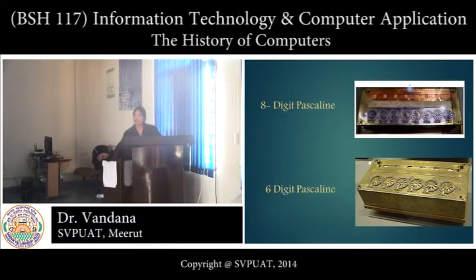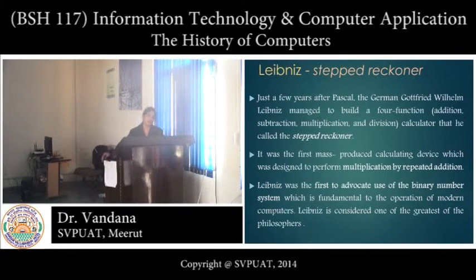When Pascal developed his calculating machine, or you may call it the calculator, it was Leibniz who developed a calculator which is popularly known, which was mass produced, for multiplying two numbers.